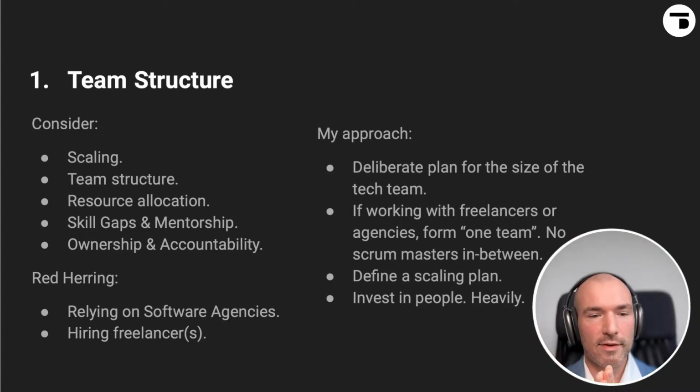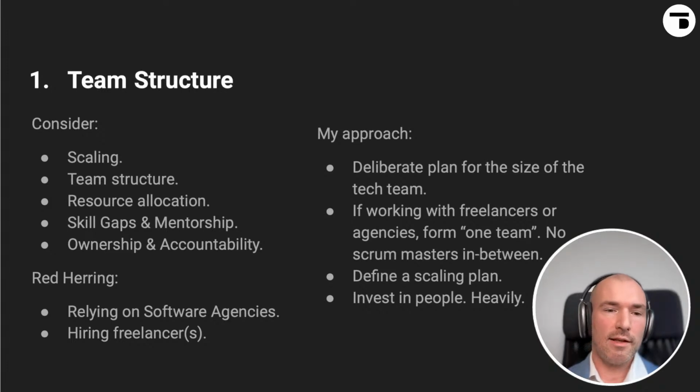They need to have a vision of why we're building it and not just a set of features that they go through. Now, the red herring here is hiring freelancers or relying on software agencies without having the strategic tech plan in-house to make sure that all ownership, everything is done properly.